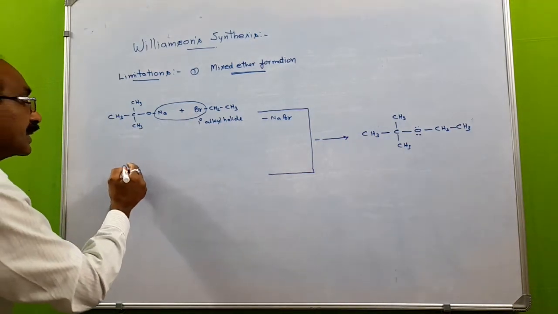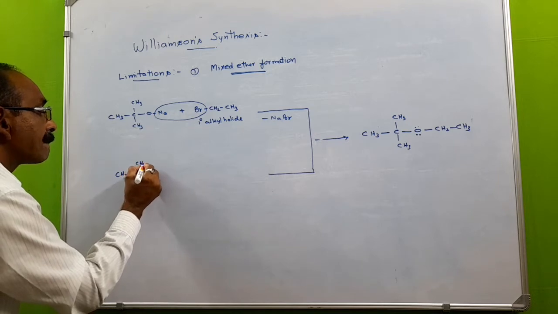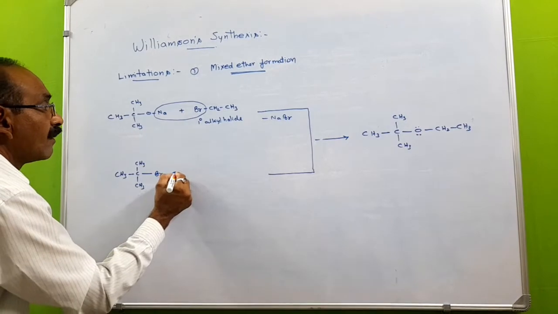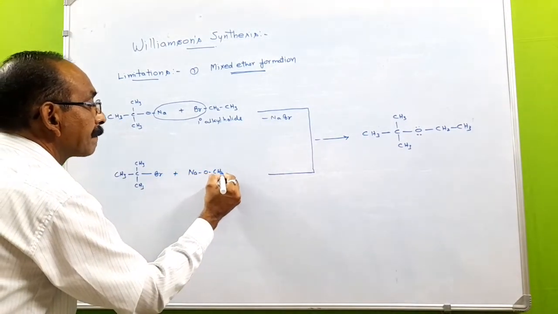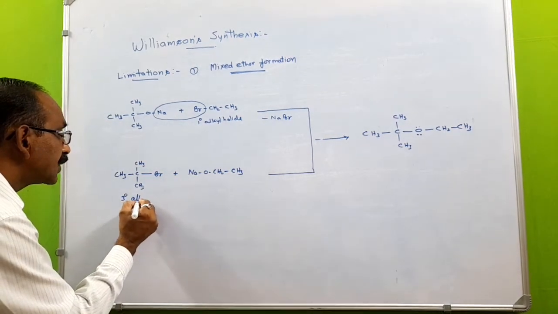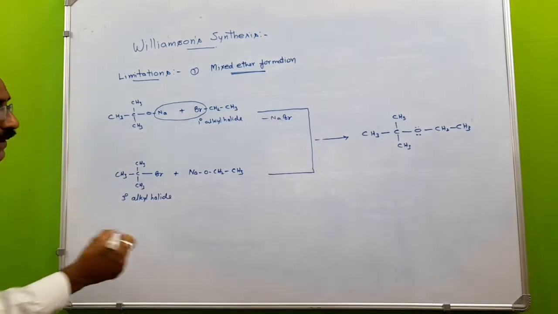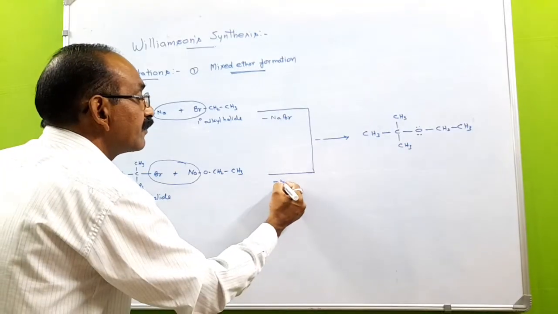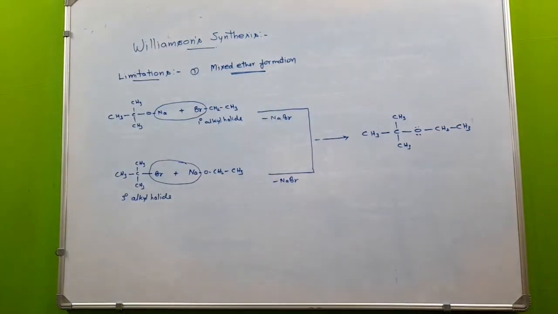The other option is we may have a tertiary alkyl halide as one of the reactants, and then NaBr will set free and we may get our desired product.